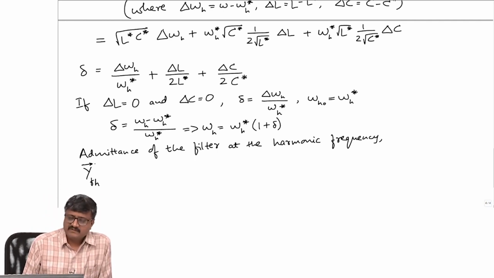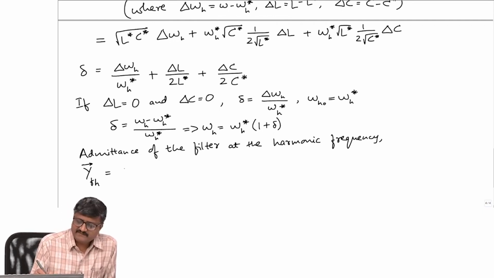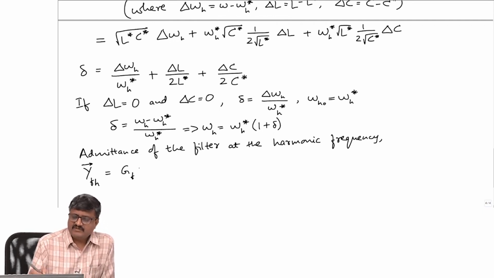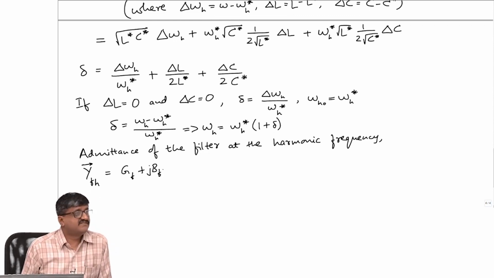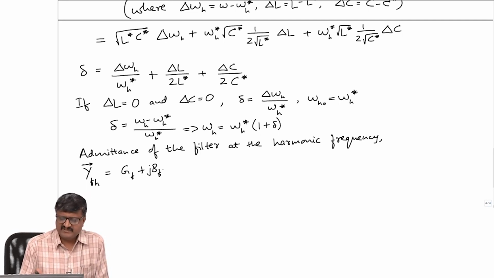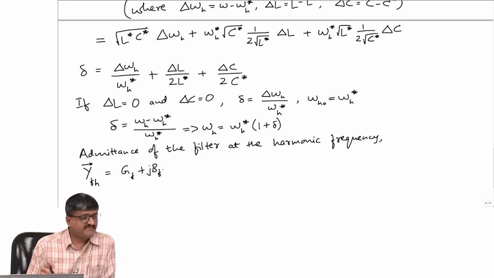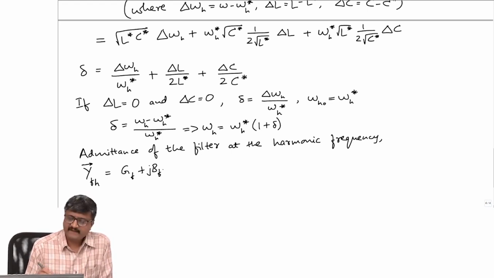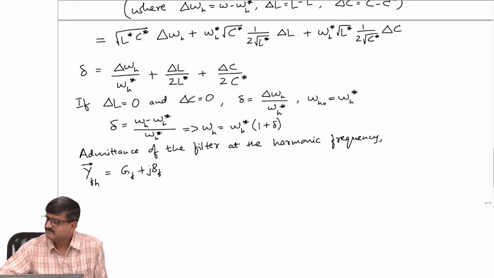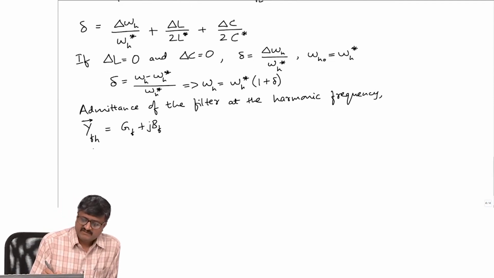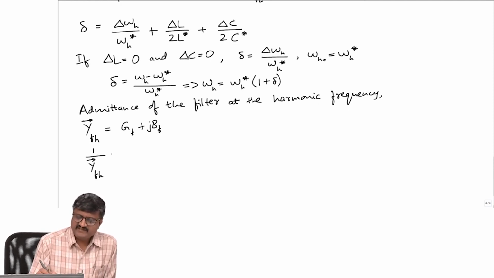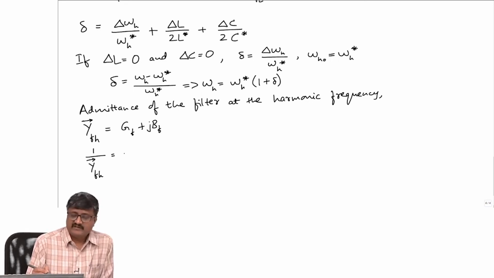So, this can be written as conductance plus J times susceptance. I will not again use the subscript H, it is understood. So, GF plus JBF. GF and BF are real numbers. So, if I take 1 by YH, I get the impedance.